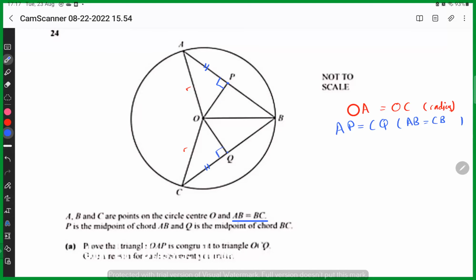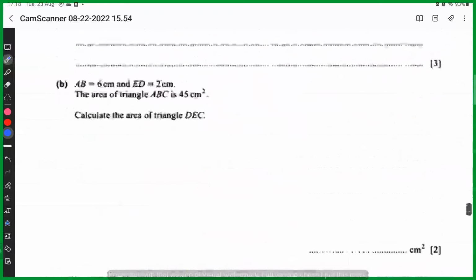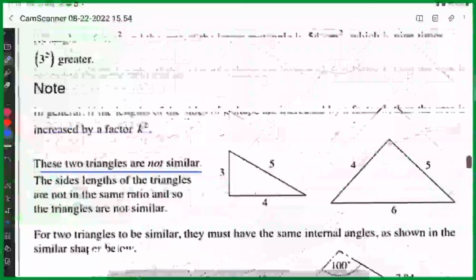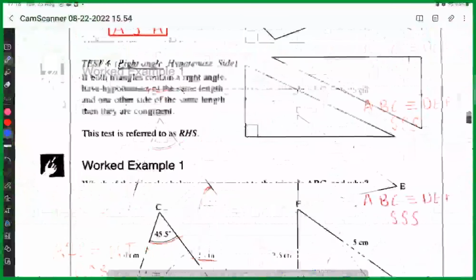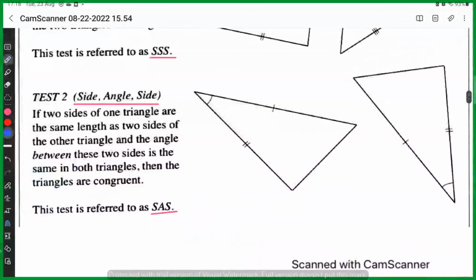So you can either use the fourth test, that we have two same sides and the side opposite to hypotenuse is same. You can either use that, or what else did we study? Let's go and have a look at all the properties just so we can revise this. Here we had side, angle, side. So you have one side, then you have angle, and then you have side.